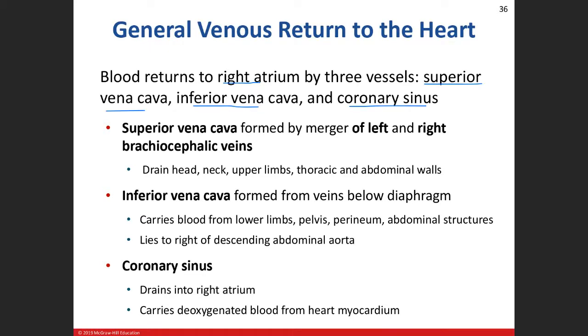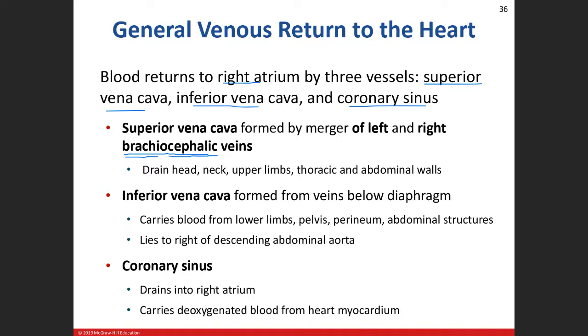The two veins that will actually come together and merge to form the superior vena cava are going to be your right and left brachiocephalic veins. Again, there's that term, brachiocephalic. Brachio being arm, cephalic being the head.